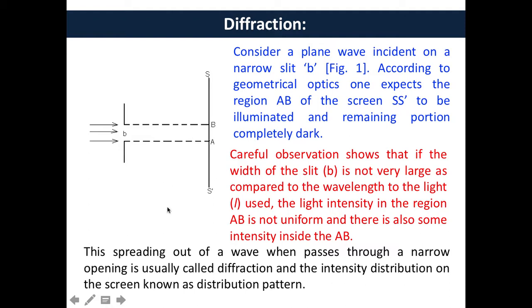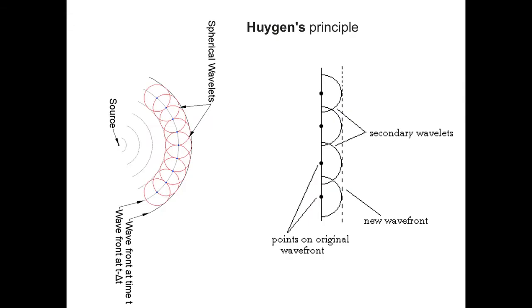This spreading out of the wave when it passes through a narrow opening is usually called diffraction, and the intensity distribution on the screen is known as the diffraction pattern. Next is Huygens principle. It is very necessary to understand Huygens principle, then we will go to single slit diffraction.